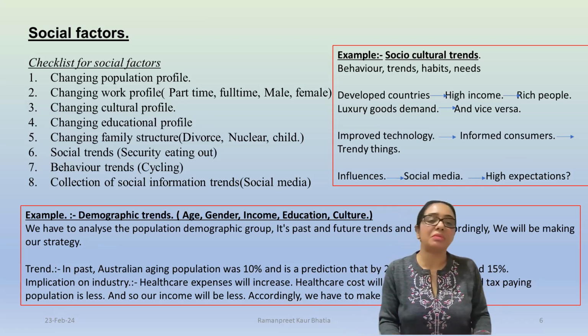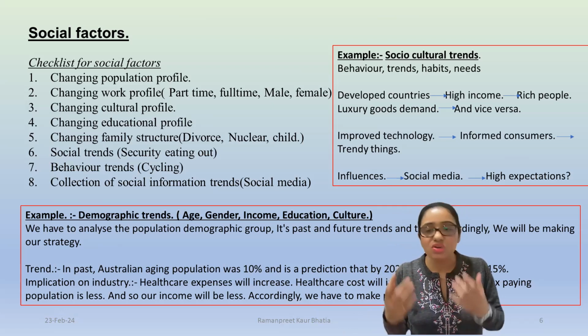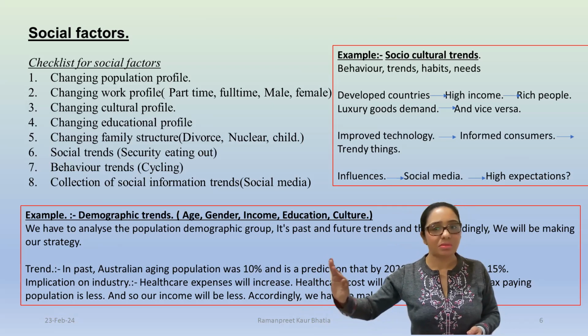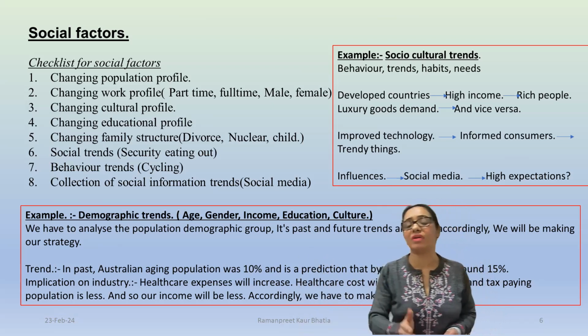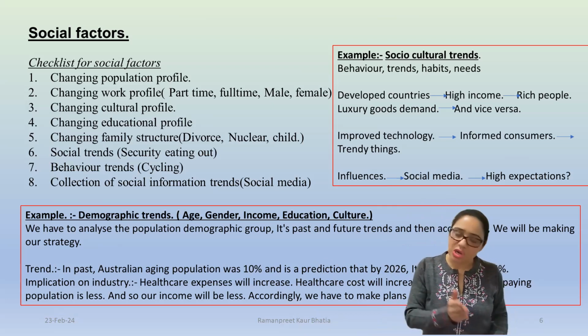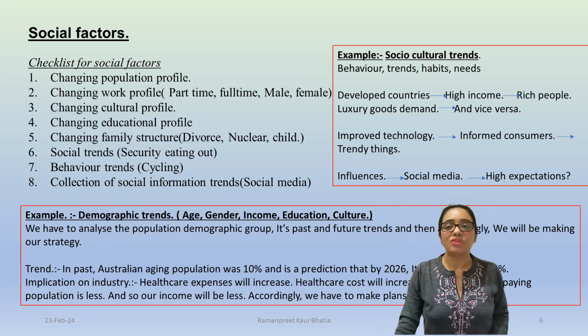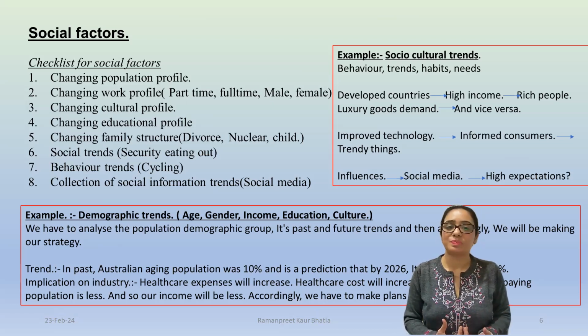They do not have that much income that they can spend on luxury goods. So based on this analysis, I'll make a strategy: luxury goods would be more profitable in developed countries, but not in developing countries. And vice versa, there could be many other products which are useful in developing countries, but not in developed countries. Why? This is because of socio-cultural trends.